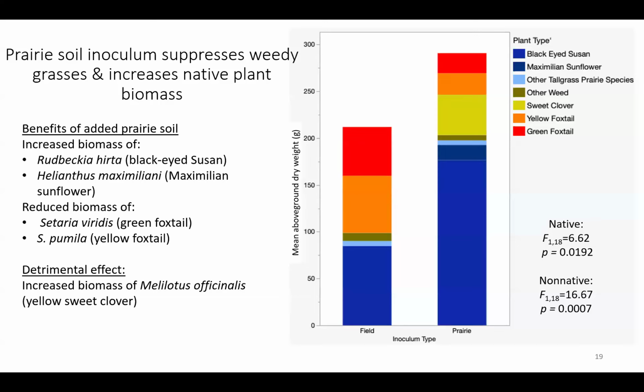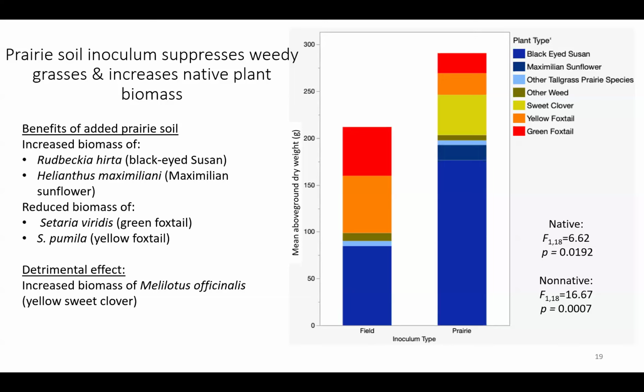So basically what you can see is that there was greater biomass overall in those plots that received a thin layer of prairie soil. And that prairie soil benefited 2 native species, Rudbeckia hirta and Helianthus maximiliani, in terms of their biomass. So it had this positive effect on 2 of the native plant species, and then it had a negative effect on 2 of the dominant weeds, these 2 different foxtail species.